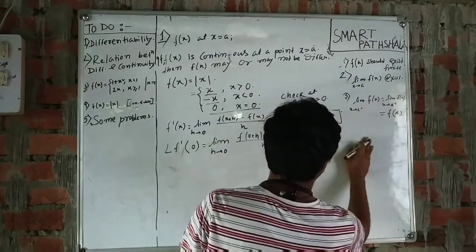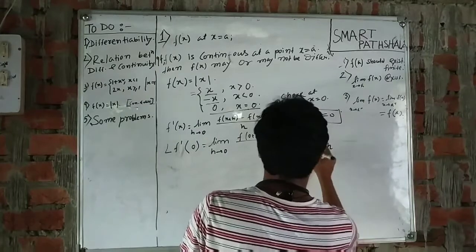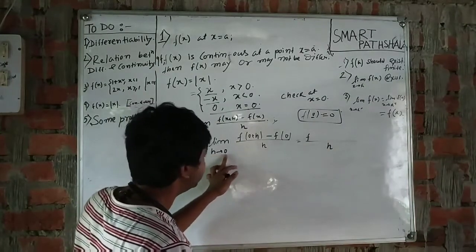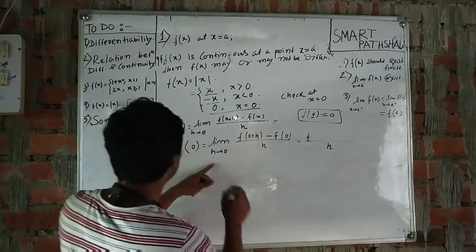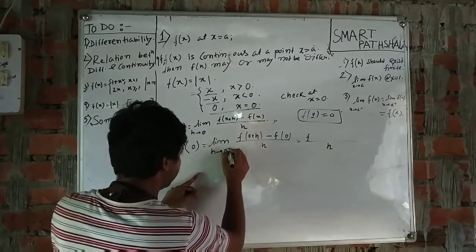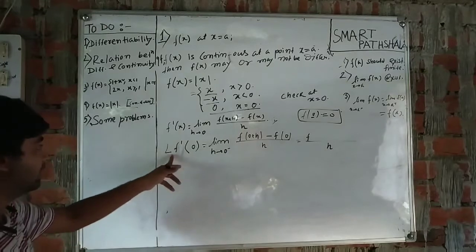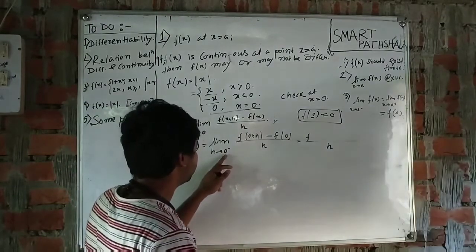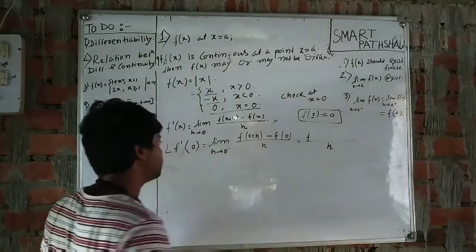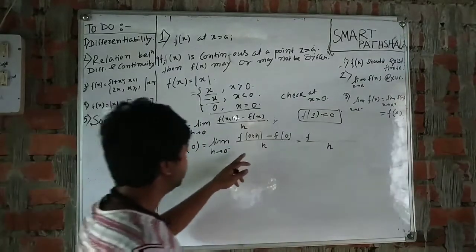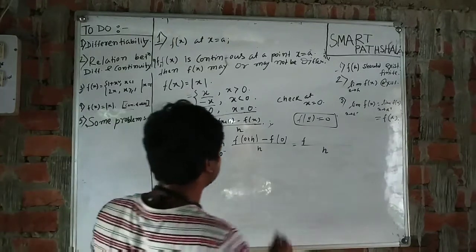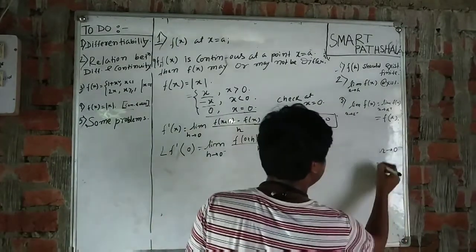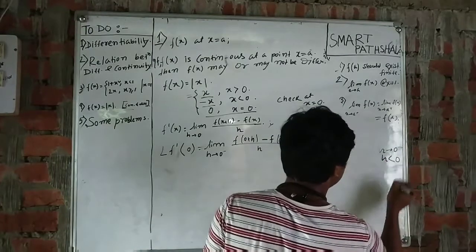So look at this term, here h is tending towards 0 from the negative side, because this is the left hand limit. Previously I had made a mistake, because you should consider a minus sign here. Then 0 plus h, that is h, is tending towards 0 from the negative side, so h is obviously less than 0.